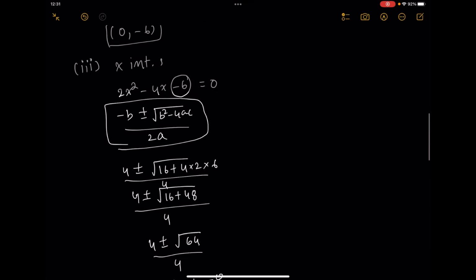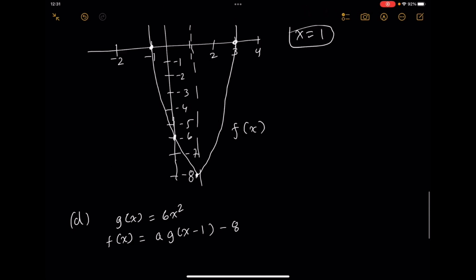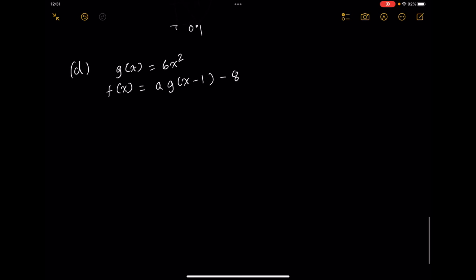From our previous vertex form which we got at the start of the question, we know that f of x is 2 into (x minus 1) whole squared minus 8. So essentially we are moving 1 unit to the right and 8 units down, which is h and k. So from g of x we had a vertical stretch, and then we moved 1 unit to the right and 8 units down.